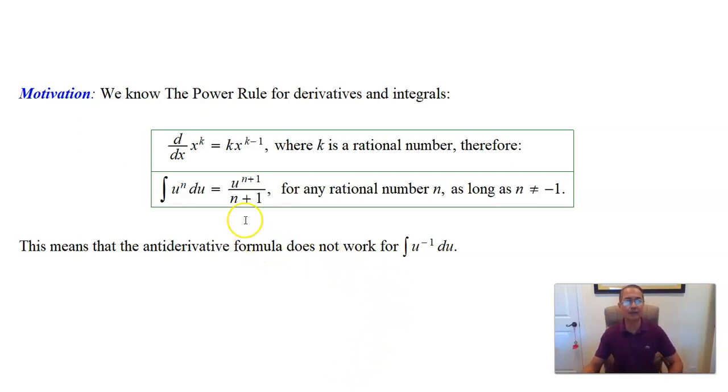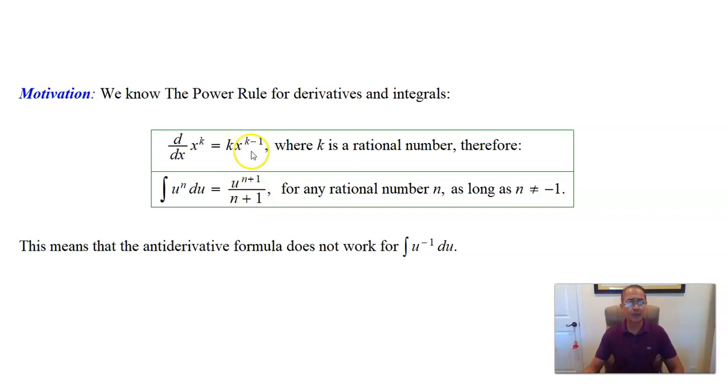We know that the derivative of x to the k is k times x to the k minus 1 when k is a rational number. And we saw this in our last video where we talked about a brief history of the power rule. So the corresponding antiderivative formula is the integral of u to the n du is u to the n plus 1 over n plus 1.